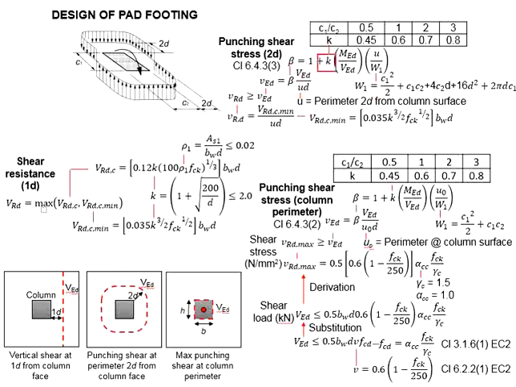The k is a factor due to this ratio of C1 over C2. You may refer to this diagram to conclude the C1 and C2. By looking at the direction of the moment, C1 will be the column side which is parallel to the moment, and C2 will be the column side which is perpendicular to the moment.